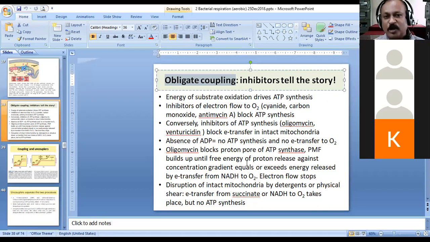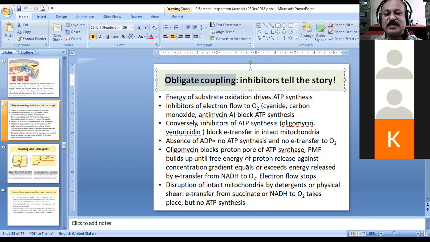So if oligomycin is used, then oligomycin blocks this pore, and therefore the proton cannot enter inside the membrane. So now what will happen is the proton motive force will build up. That is, the proton concentration outside the membrane will build up to a certain level.